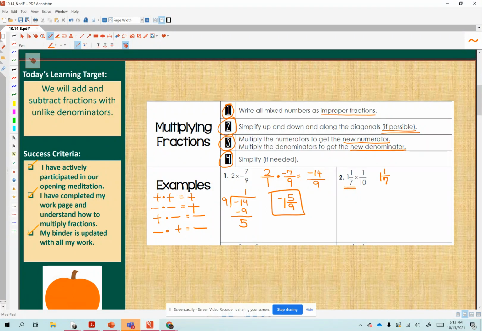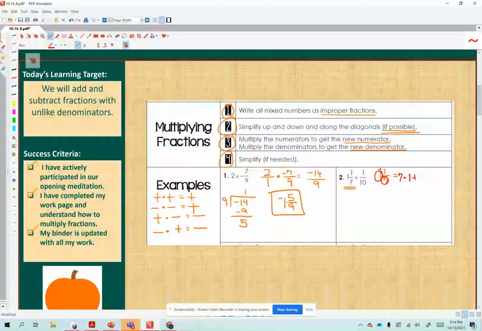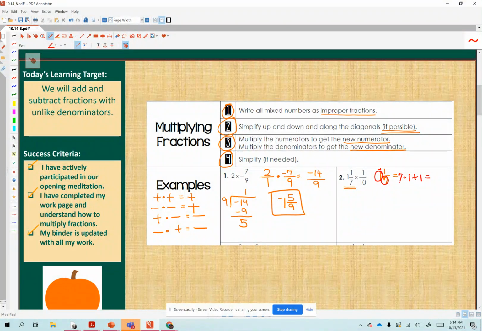To do that, we multiply the denominator times the whole number, and then we add the numerator. 7 times 1 is 7, plus 1 more equals 8, and we use the same denominator, 8/7. So these are equivalent. Let's rewrite our problem. We have 8 over 7 times 1 over 10.